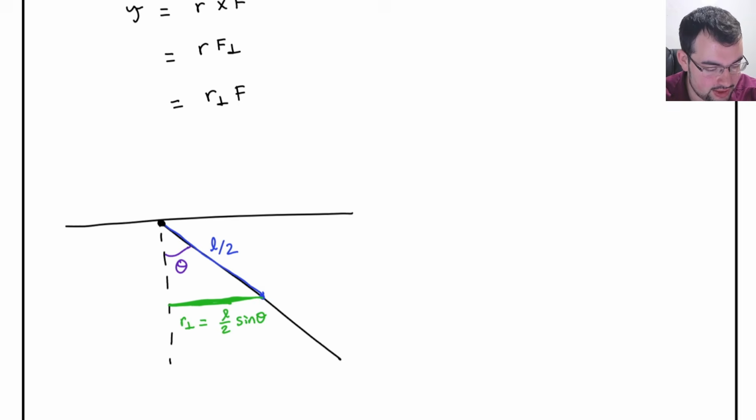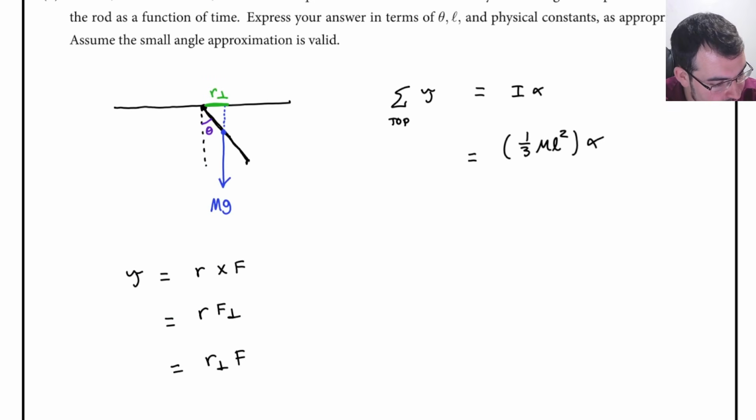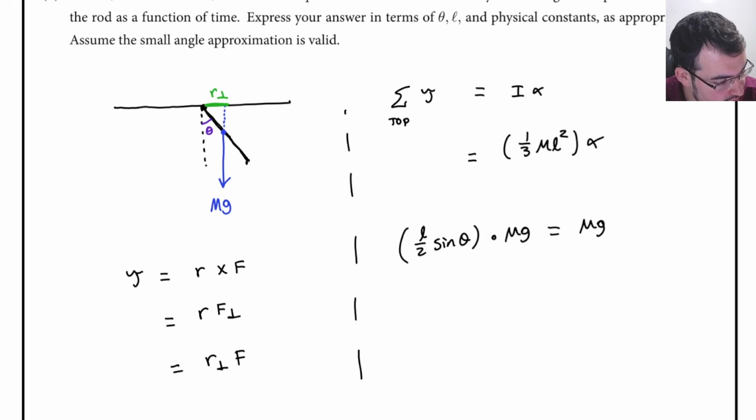So we can just go in and do that. Our torque, all of that to say, is just r perpendicular, which is L over 2 sine theta, times F, which is mg, equals 1/3 ml squared alpha.